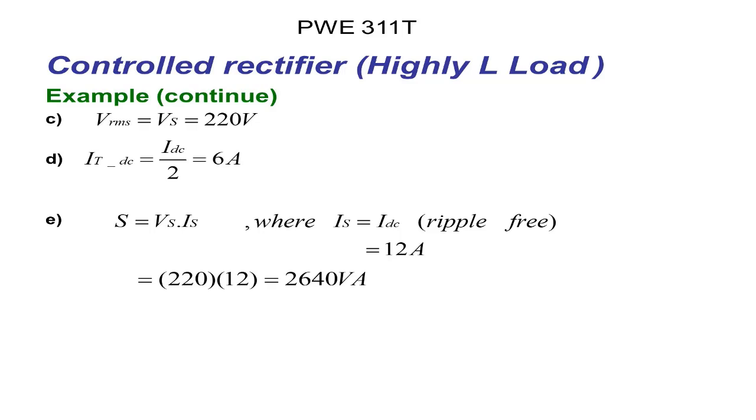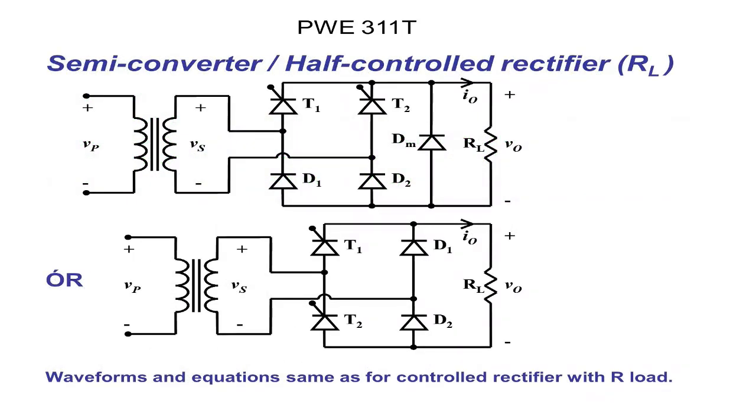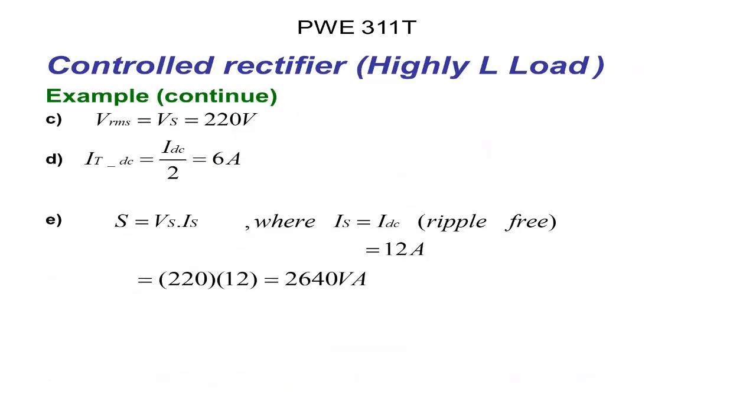All right. Then the current through the transistor, IT DC, is IDC over 2. You just look for the IDC we calculated before, the 12 amps divided by 2, to give you 6 amps.